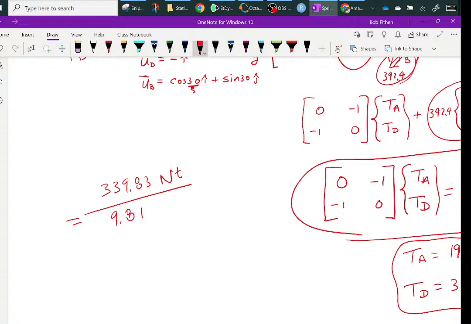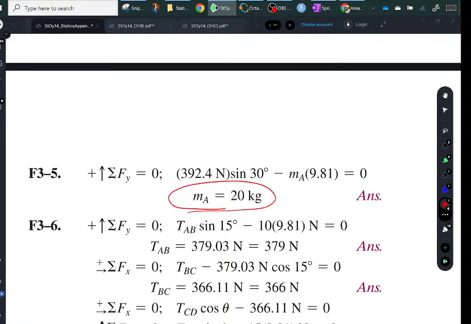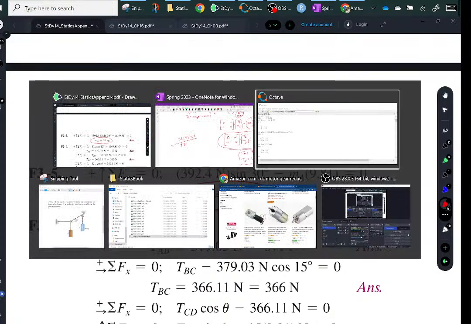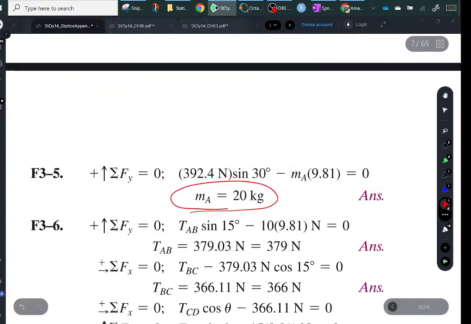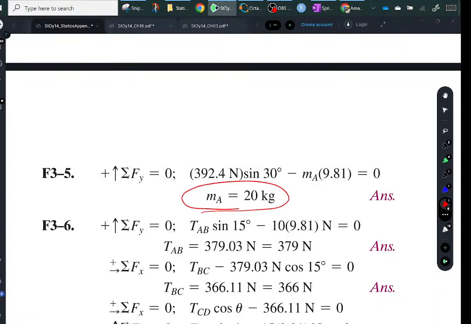What you get, I have no earthly idea. That's the wrong place. 339.83 divided by 9.81 is 34. I got 34. Am I doing the same problem he's doing?